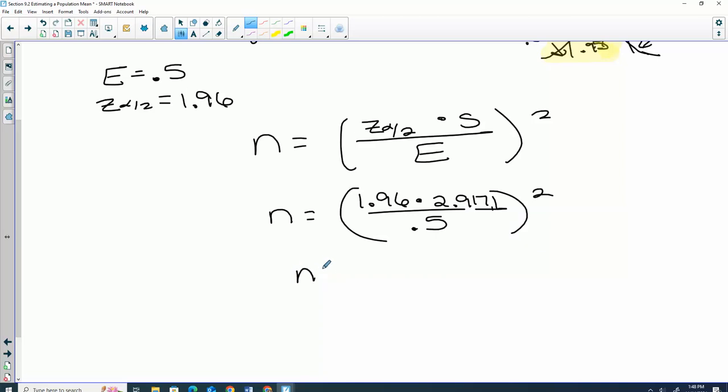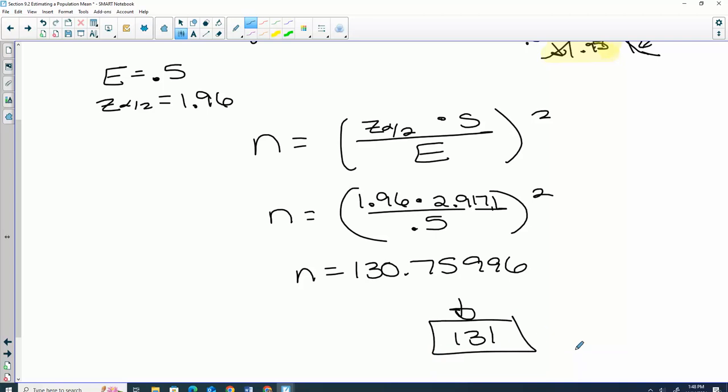And I got 130.75996. So we would have to have 131. It is important to write down what your numbers are. For instance, if you had rounded your standard deviation to like 2 decimal places, you would have gotten 132 instead of 131. So just make sure I can tell what you're plugging in. Any questions on that?